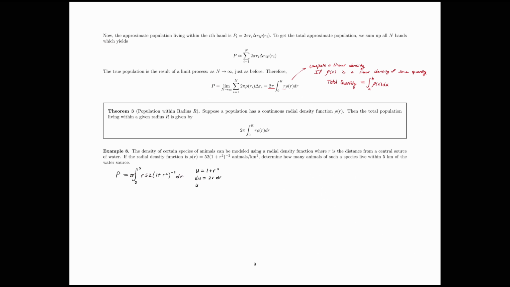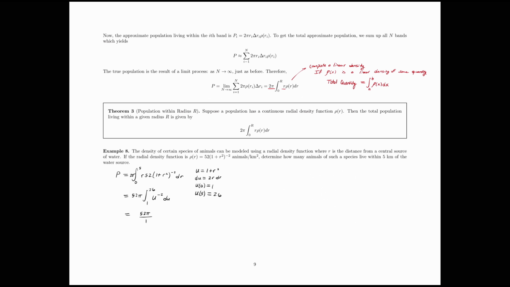We'll change our bounds then, since this is a definite integral. So 1 plus 0 squared, so u of 0 is 1. And u of 5 is 1 plus 5 squared, so 26. So this becomes the integral of 52 pi from 1 to 26 of u to the negative 2 du, which is negative 52 pi over 1.